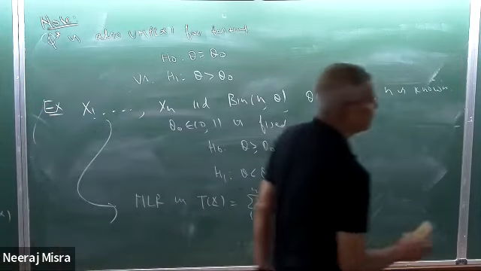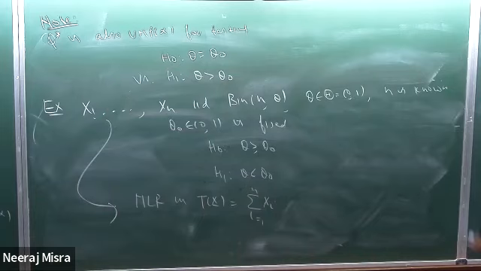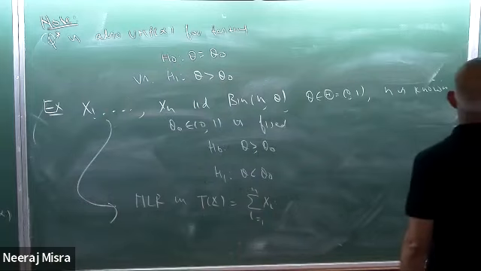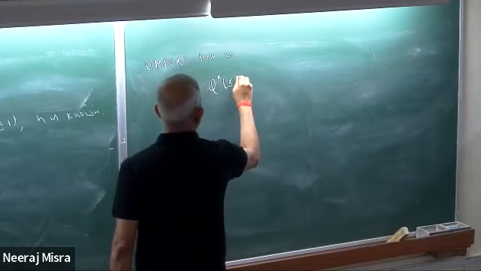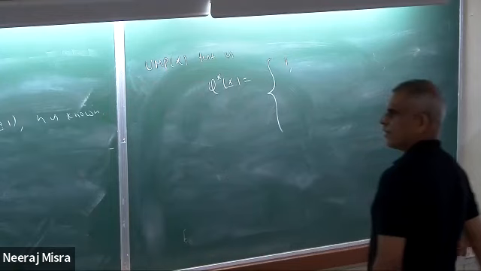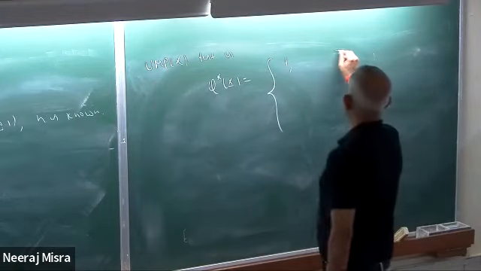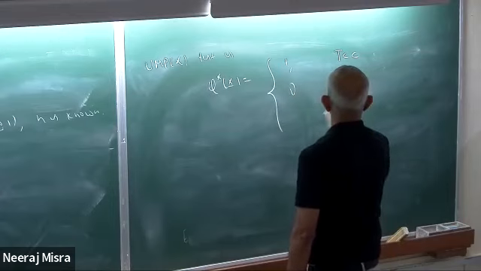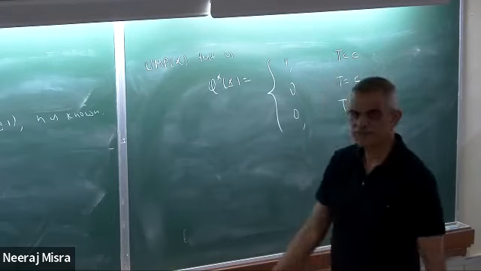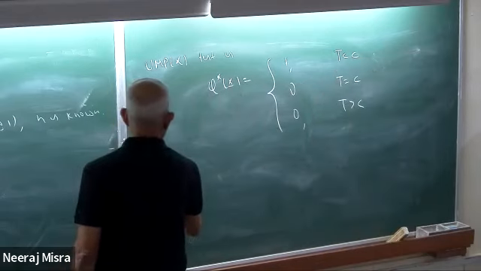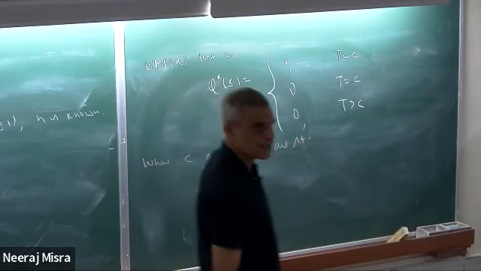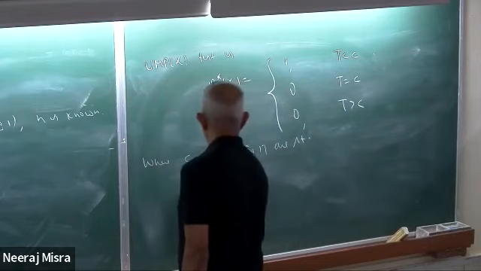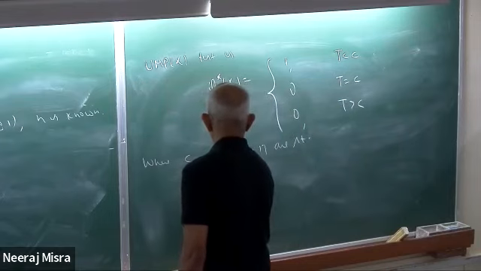So the UMP alpha test: phi star x is equal to 1 if T is less than C, gamma if T is equal to C, 0 if T is greater than C, where C and gamma belonging to 0, 1 are such that beta phi star theta naught.